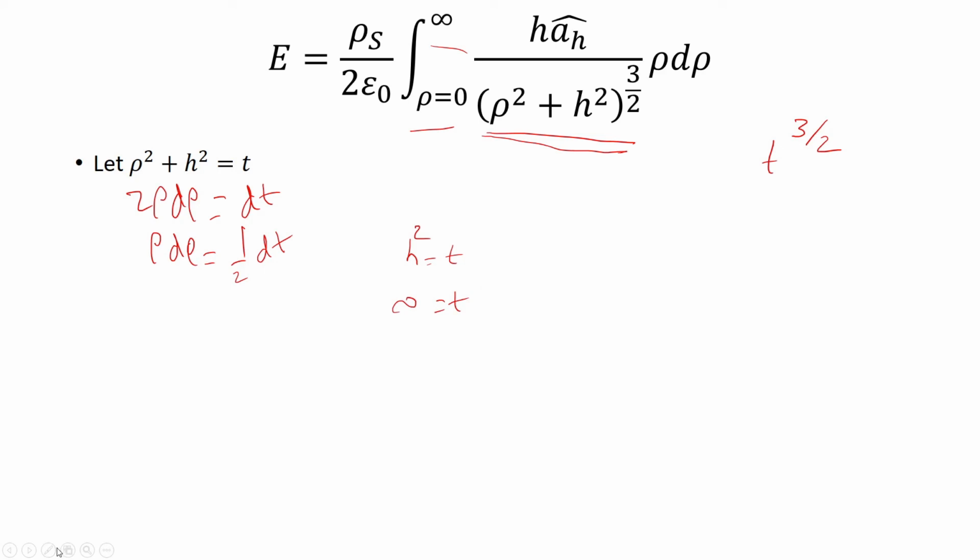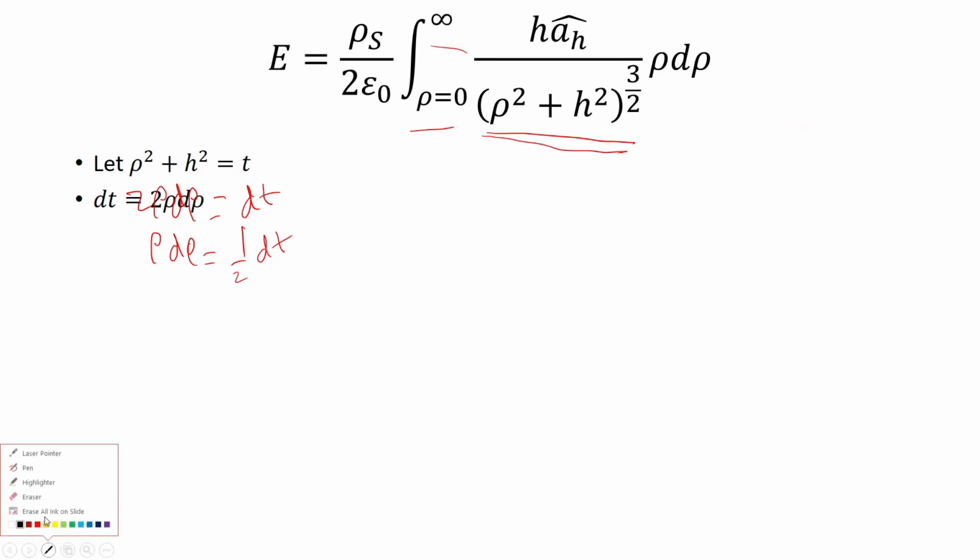Let me write it somewhere else, because I'll be needing them. So the limits of the integral are now from h square to infinity for the variable t, and the function being integrated is t to the power of minus 3 by 2.